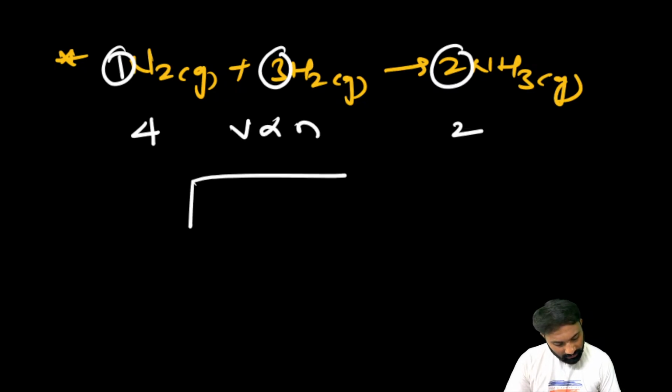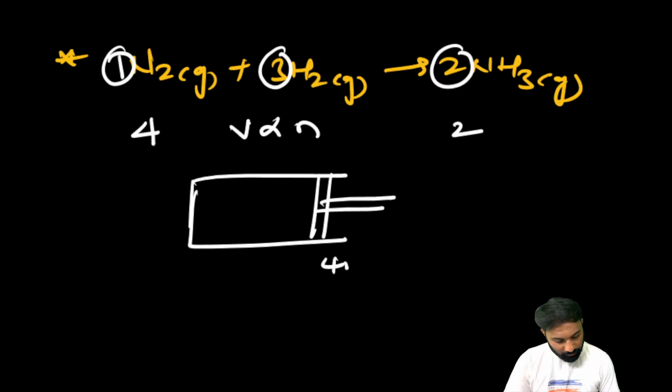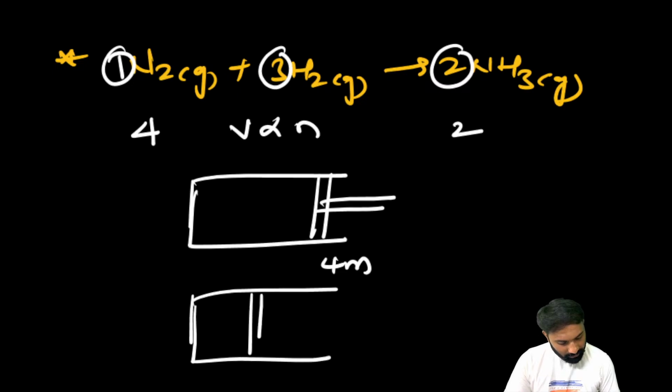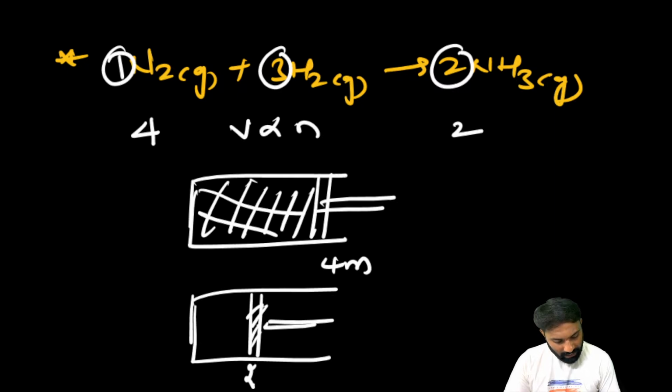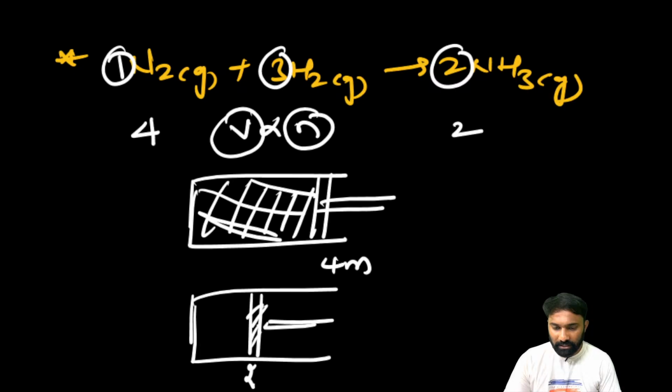Now initially volume is 4, let us assume. After converting into the product, it has become 2. Means the volume of the system has decreased or increased? The volume of the system has decreased, right? If the number of moles has decreased, obviously the volume will decrease.